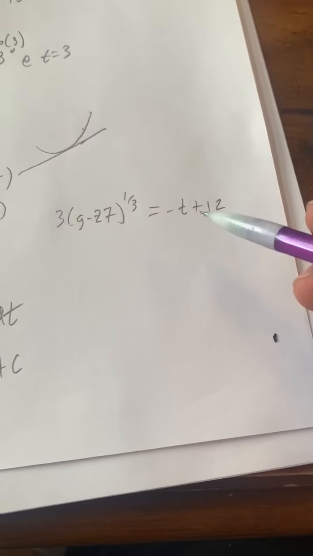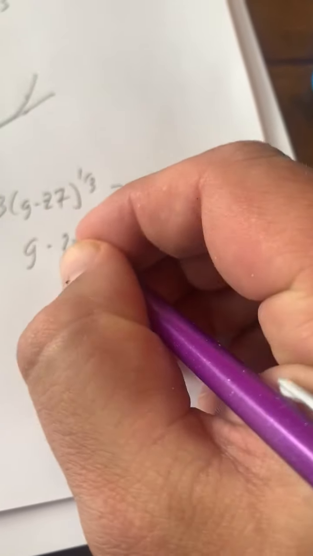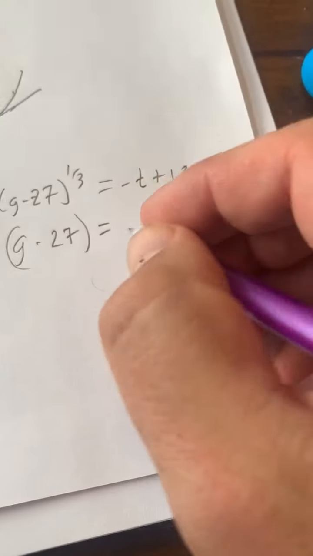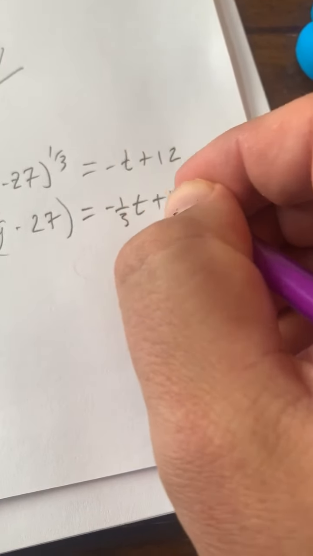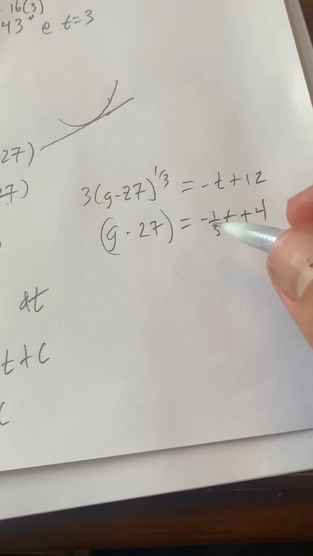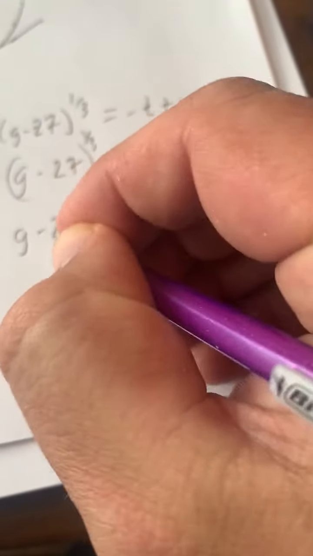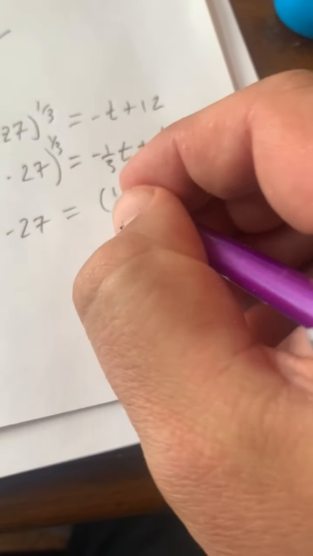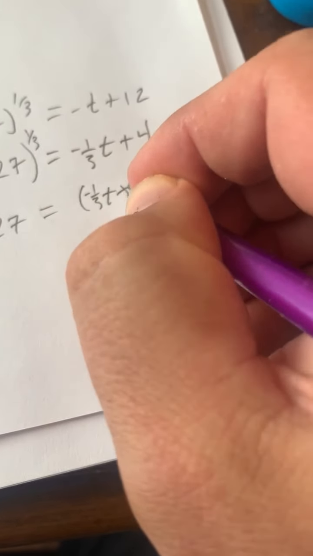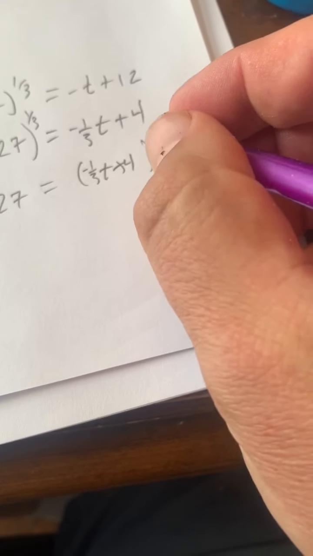Now if I divide everybody by 3, I get g minus 27 to the 1/3 equals negative 1/3 t plus 4. If I cube both sides, I get g minus 27 equals negative 1/3 t plus 4 to the third.